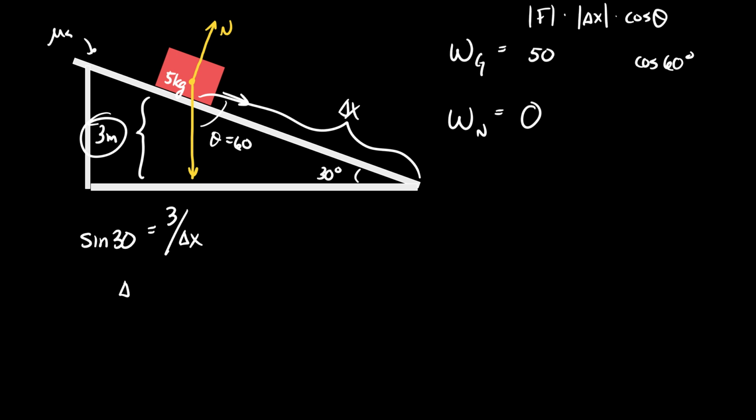What is delta x then? I don't think so, because I think sine of 30 is 0.5. Yeah, that's not. Okay, so I think it's going to be 6 meters. All right, so there we go, 6. That's it. How much work was done by gravity?